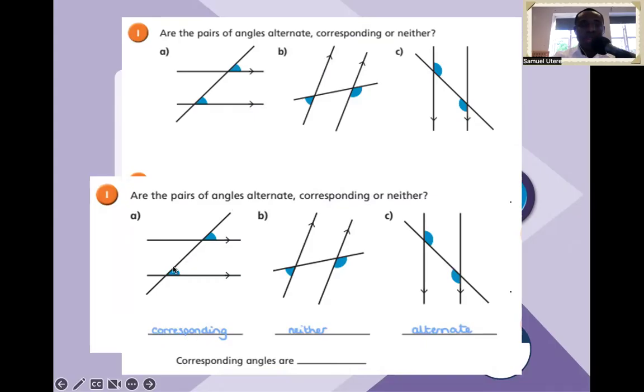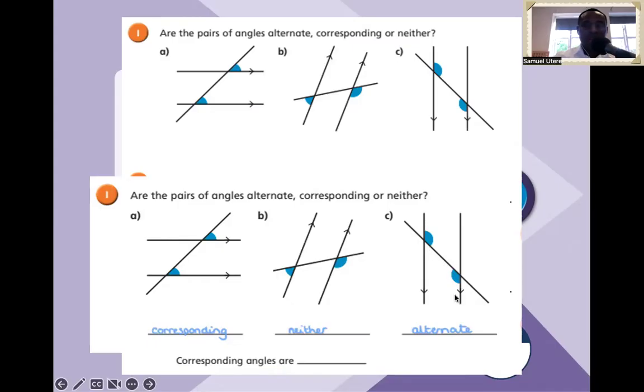You can see the invisible F shape that is upside down, and the angle is in a similar location of the F shape. Here it is neither. We can't really see any link between these angles. Here we can see they're alternate. You can see the weird Z shape that links them.